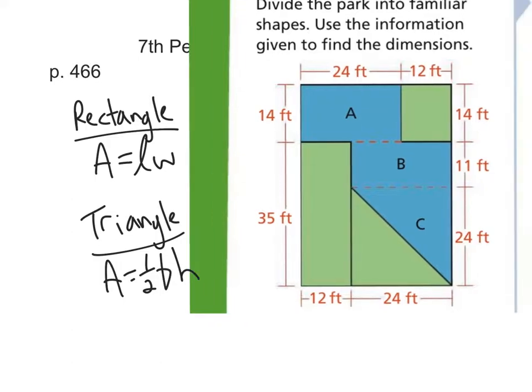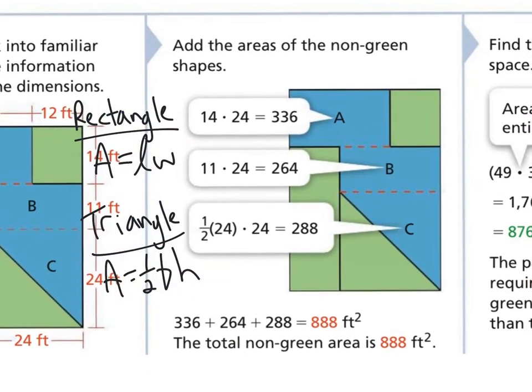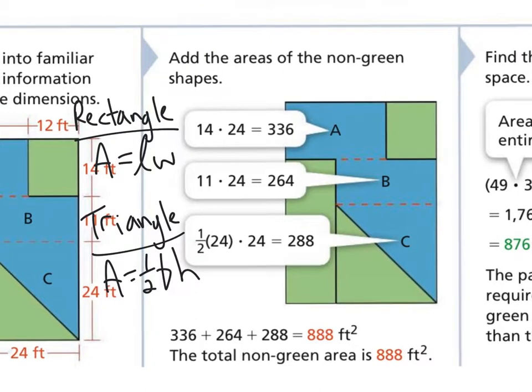You can see over here, this is what they did. For rectangle A, length times width, they did 14 times 24, or 24 times 14, which is 336. Rectangle B, 24 times 11, or 11 times 24, is 264.